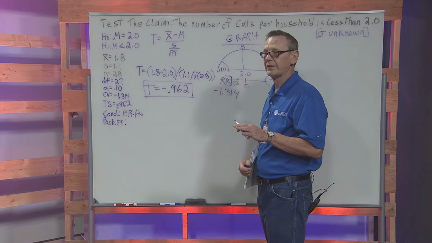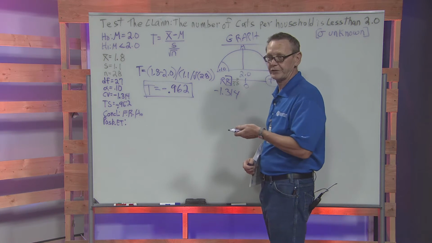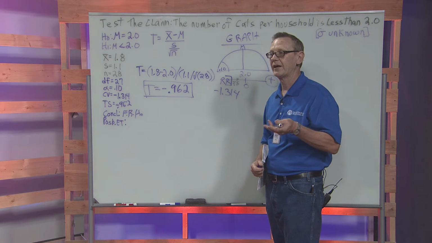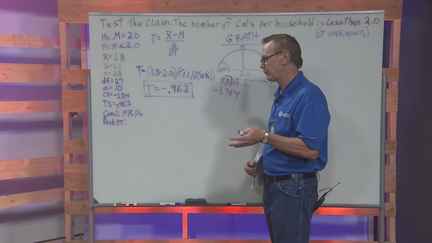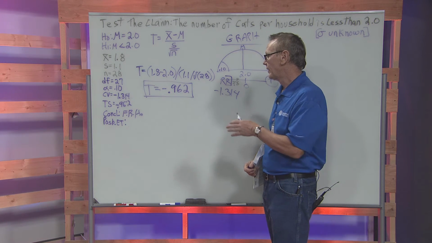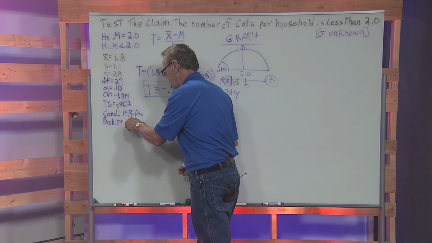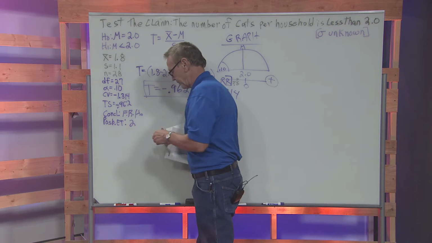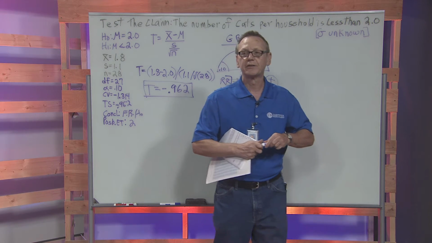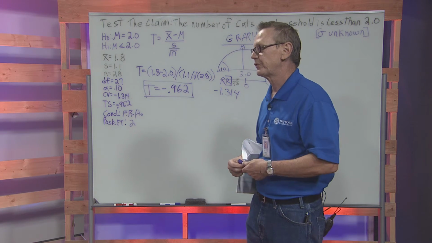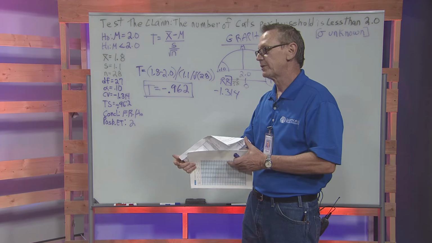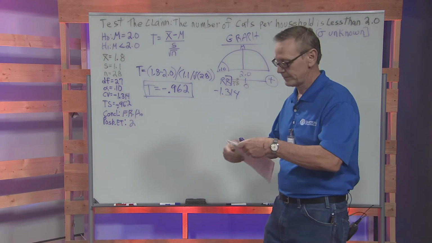The possibility of an error type exists. We do not calculate the error type usually in elementary statistics, but we identify the possible error type in this case is 2. Anytime you fail to reject the null hypothesis, you have a possible error type 2.